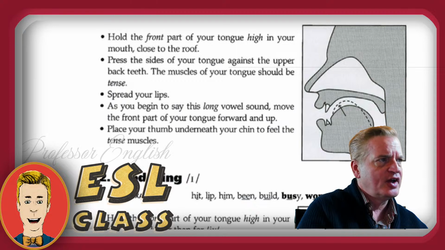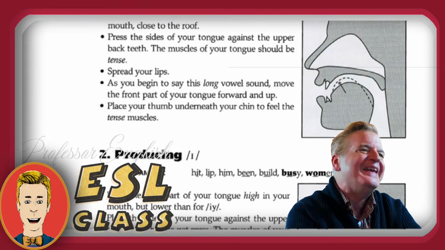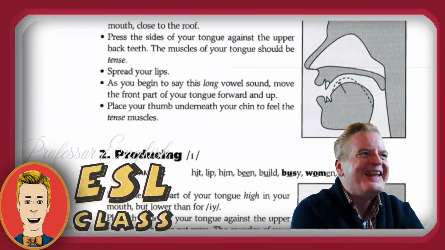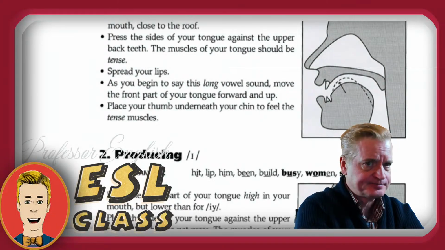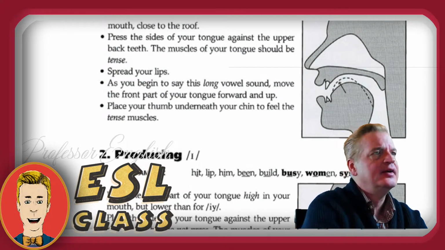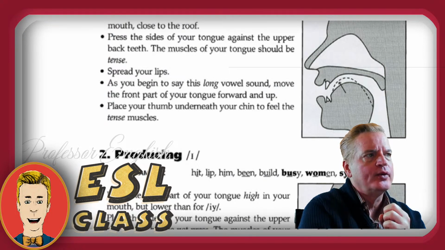Press the sides of your tongue against the upper teeth. The muscles of your tongue should be tense. Spread your lips. So smile. E. Everything is tense. Your tongue is tense. Your lips are tense. And also these muscles down here are tense. As you begin to say this long vowel sound, move the front part of your tongue forward and up.